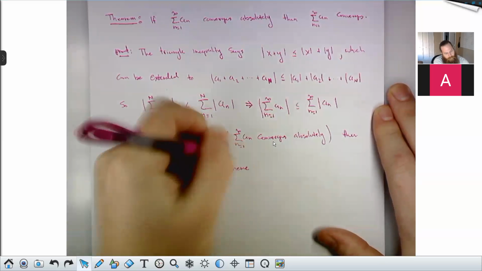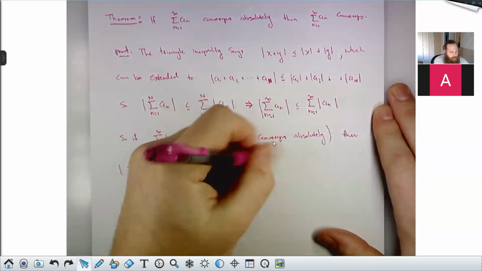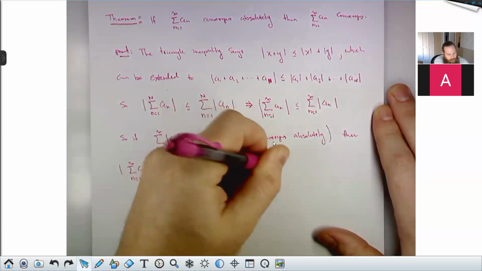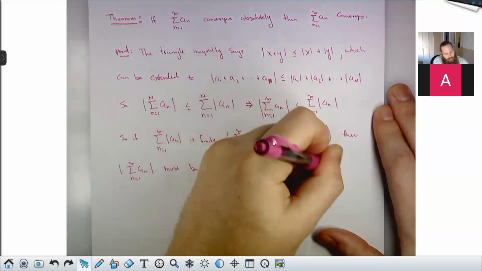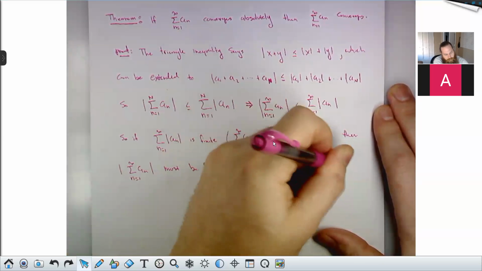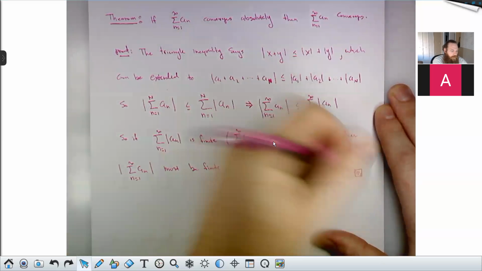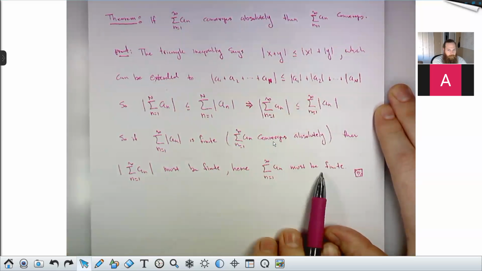Hence, now what sort of things have finite absolute value? Just finite things. And that's the proof. If you converge absolutely, then you converge.